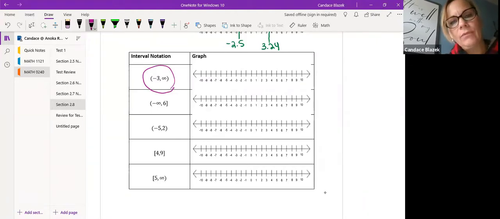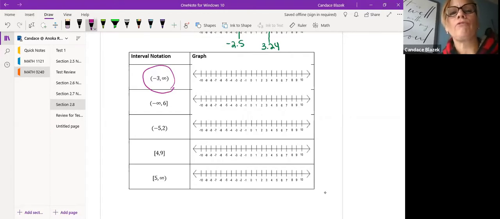We also have infinity, which means it goes on forever in one direction to the right. It gets bigger and bigger and bigger. In the second example, we have negative infinity, and that means it continues forever in the negative direction.